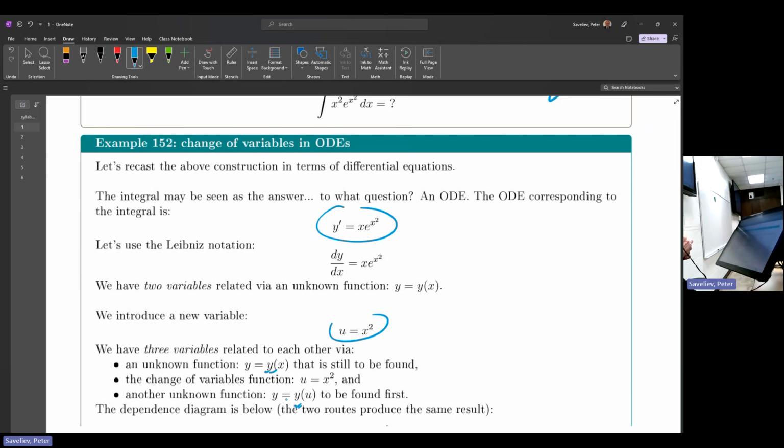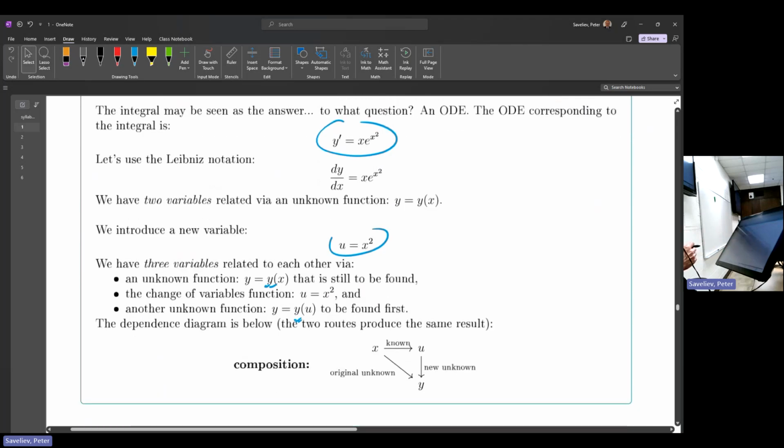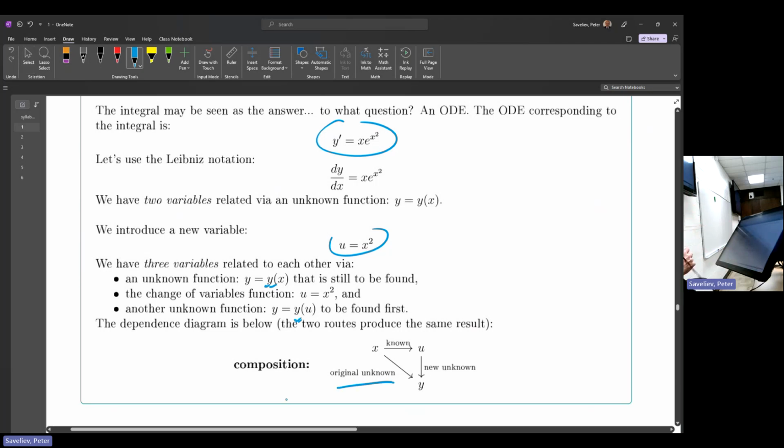So I don't want to name these three functions. We have three of them, but they produce the same result. From x to u, that is known, u equals x squared. Then from u to y, it is this original unknown from x to y.